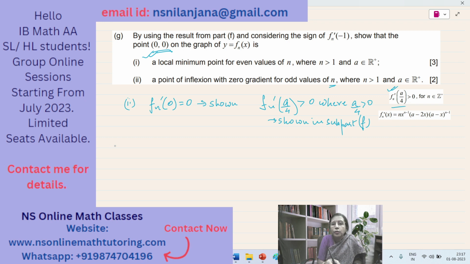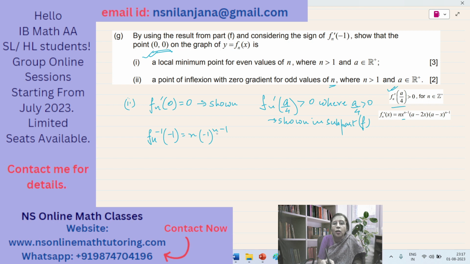Okay, so now again we compute f n dash of negative 1, where n is a positive odd number. So f n dash of negative 1 should be equal to, I'll be just substituting negative 1 in place of x, so it will be n times negative 1 to the power of n minus 1.